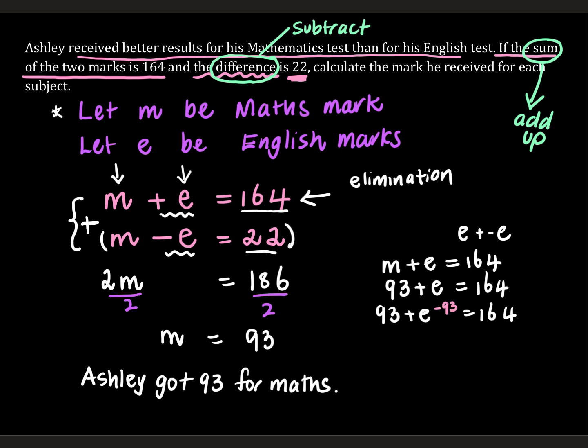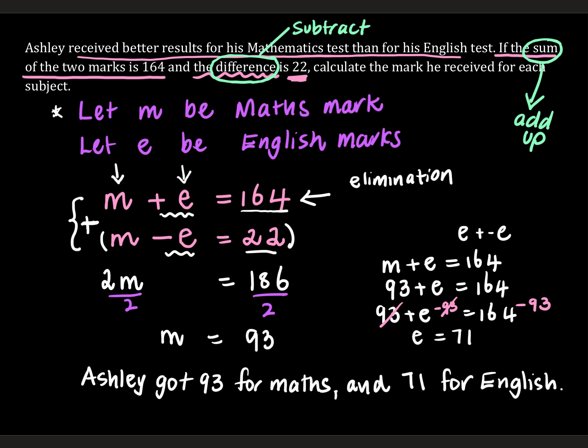Take away 93, take away 93. Those will cancel, and what are we left with? E equals 164 minus 93, which is 71. Okay, and I write that down. Ashley got 93 for maths, and E is his English result, 71 for English.